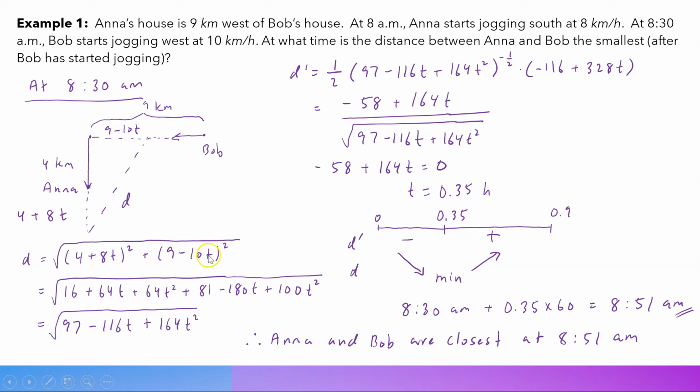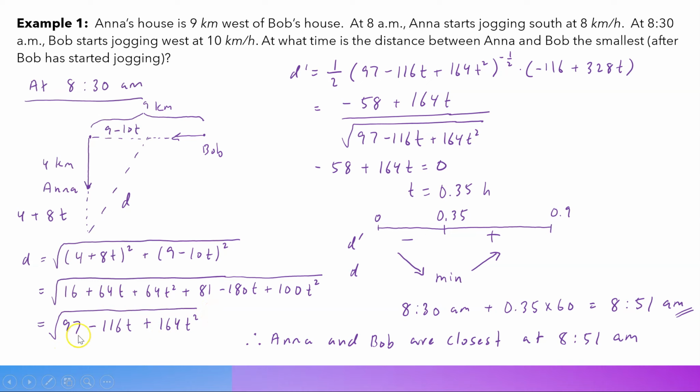And then to make it easier to take the derivative, we can expand the (4 plus 8t) squared and the (9 minus 10t) squared. Expanding this out and collecting like terms, we end up getting 97 minus 116t plus 164t squared under the square root.